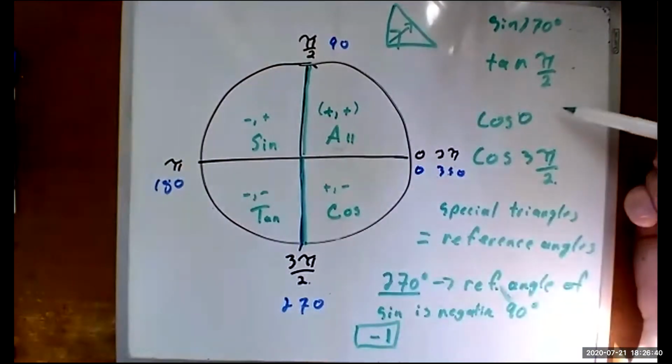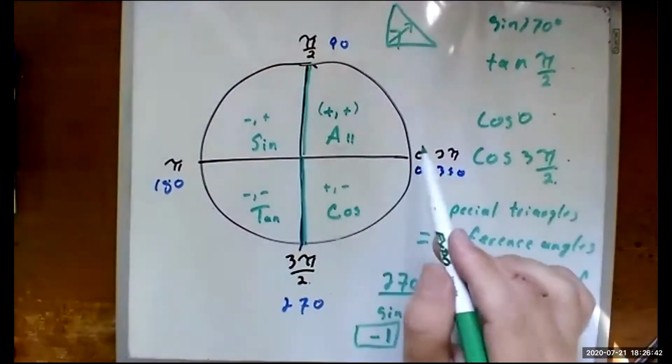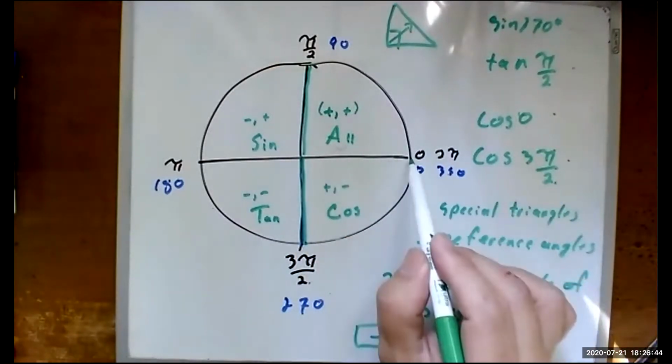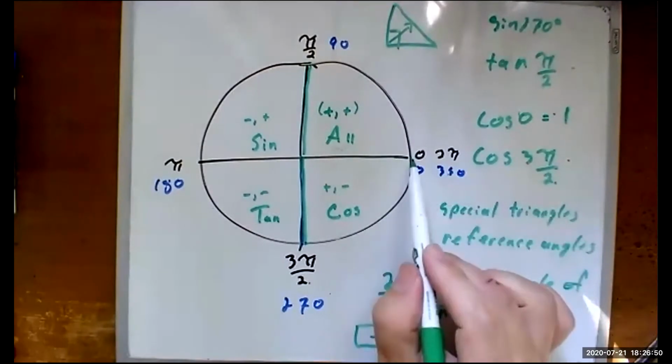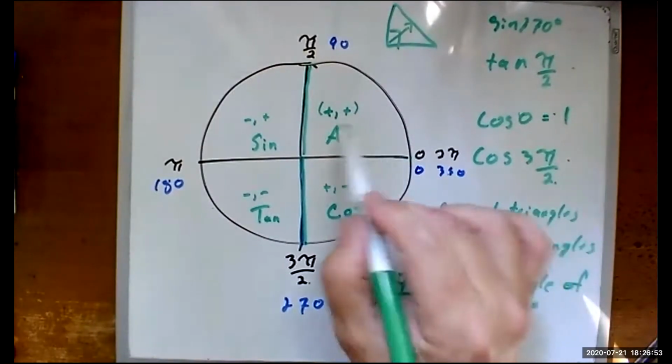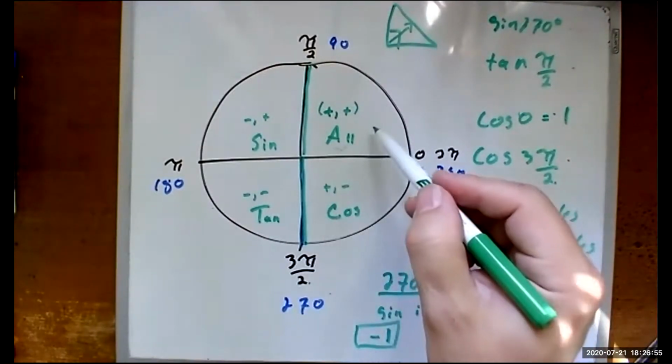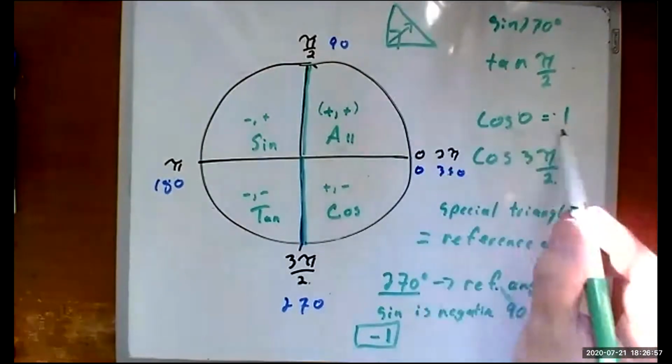Same thing ends up happening with each of these. With cosine of 0, we're going to end up at 1. And it's going to be positive because we're either in the first or fourth quadrant, and cosine is always positive there.